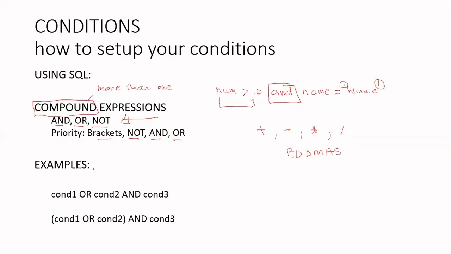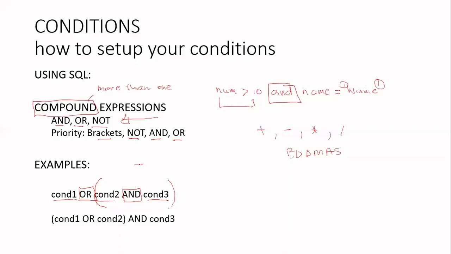So if we look at this particular example, I've got a particular condition, I've got a second condition, and then a third condition, and these are all joined using these operators. So according to our priority, we know that you have to first perform this part because the AND has higher priority. So you'll take condition 2 and condition 3. That will evaluate to either a true or a false, because that's what conditions do.